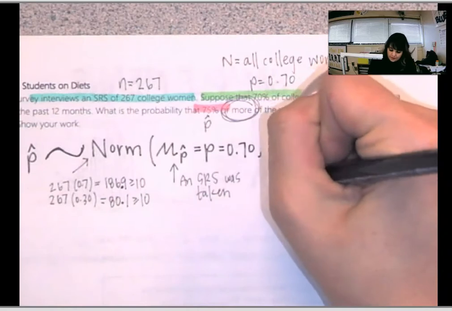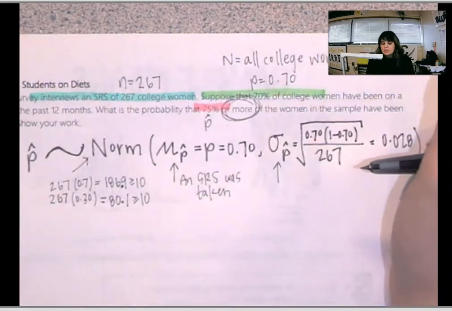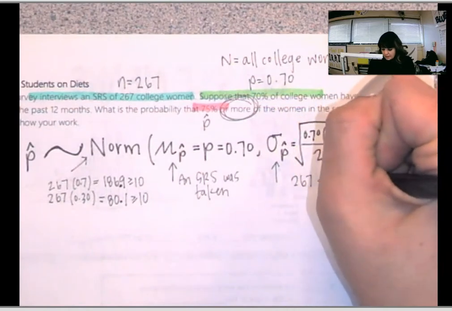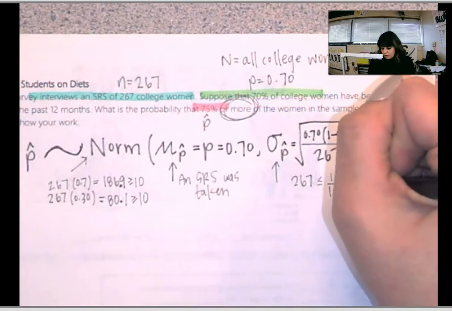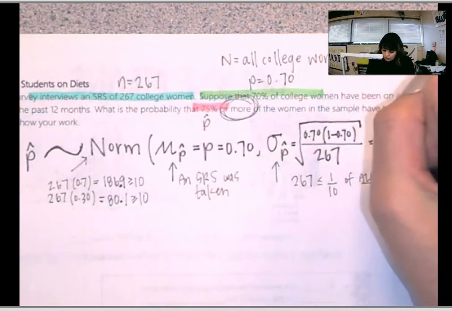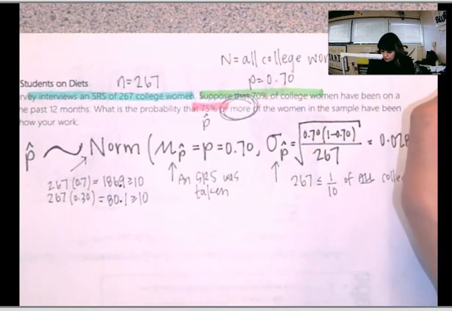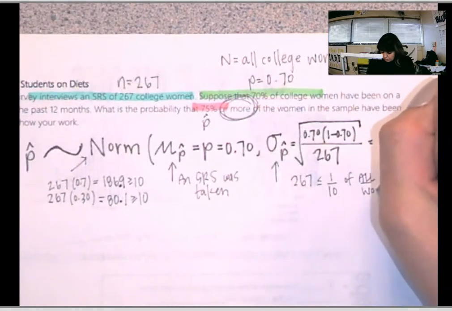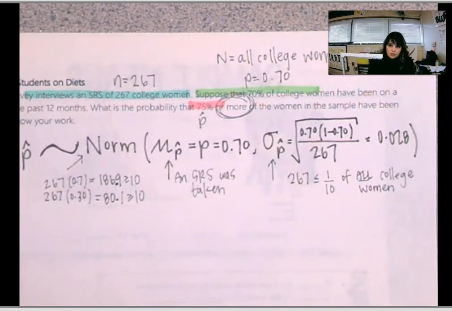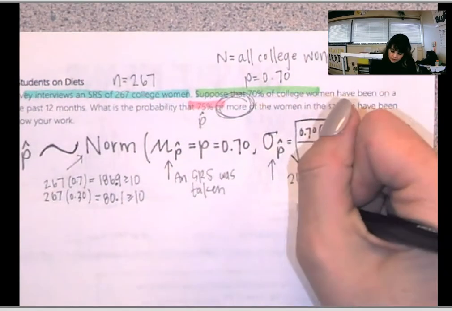So in order to calculate sigma sub p hat, it must be true that 267 is less than or equal to 1/10 of all college women. Do we think that that's true? Yes. Why?